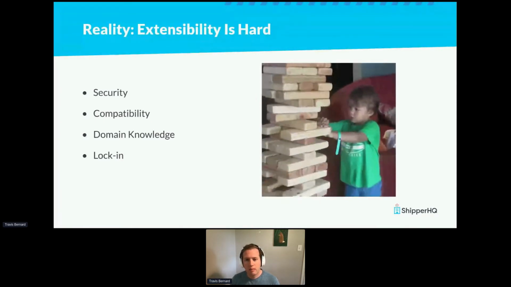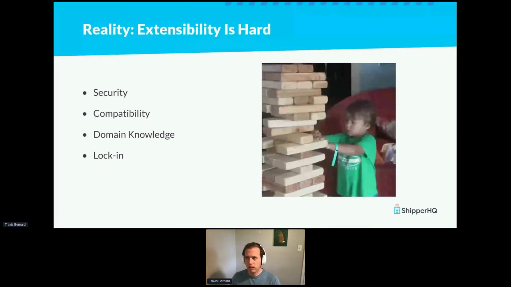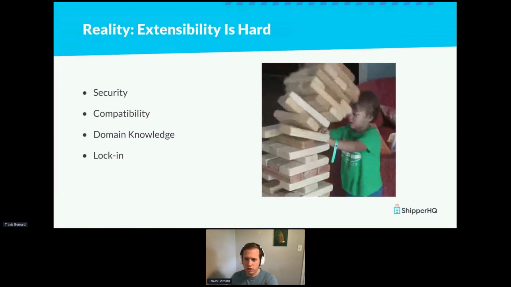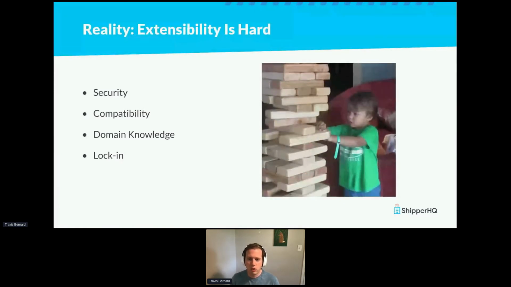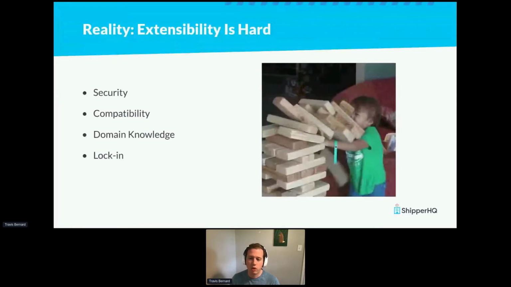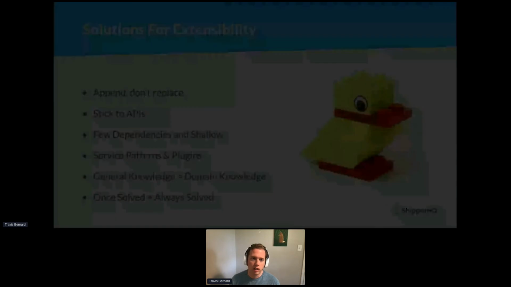And then the other thing that happens with extensibility is that when you start extending your extensions to your extensions to your extensions, you accidentally start introducing these lock-ins where maybe you're dependent on something that you have no control over. And that can cause friction and trouble as well.